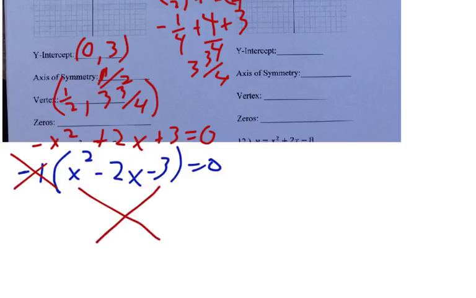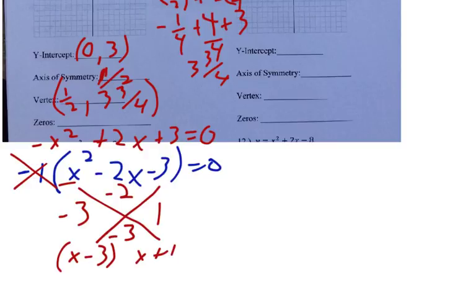So use AFM. 1 times negative 3 is negative 3. Bring down the negative 2. And then I know that a negative 3 times a positive 1 will work. It adds up to negative 2 and it multiplies to negative 3. My lead coefficient's 1, so I'm done there. And that would just be x minus 3 and x plus 1.